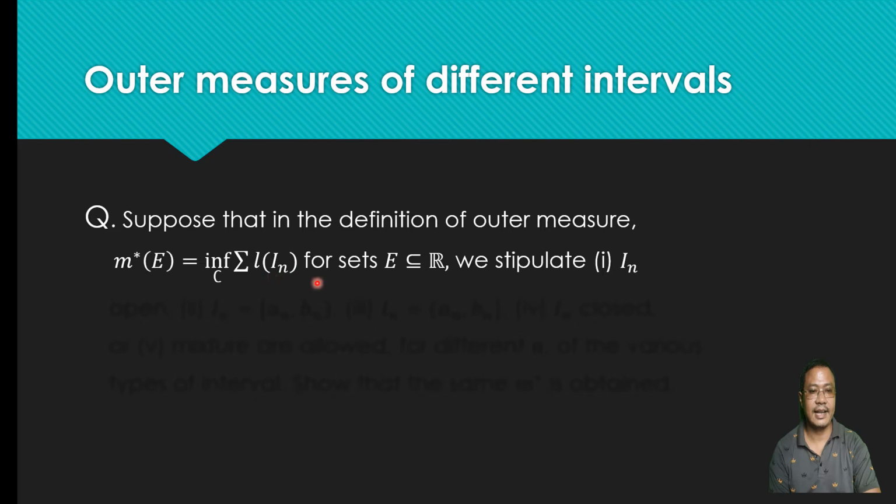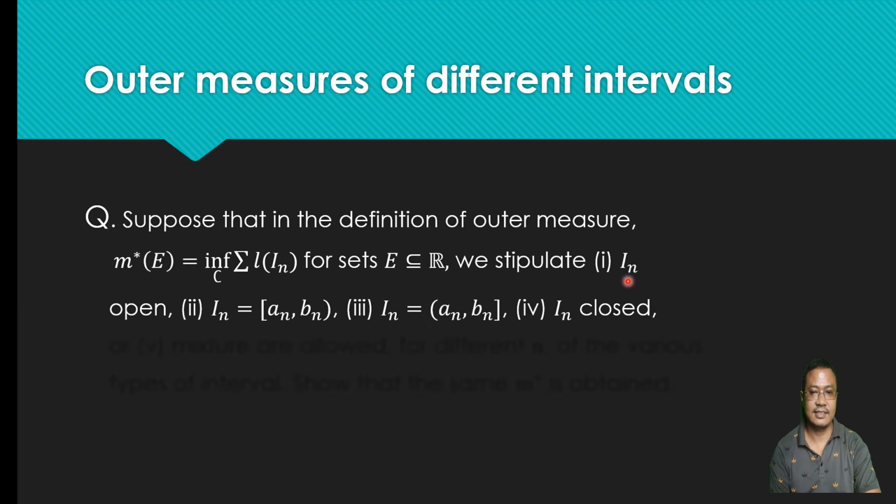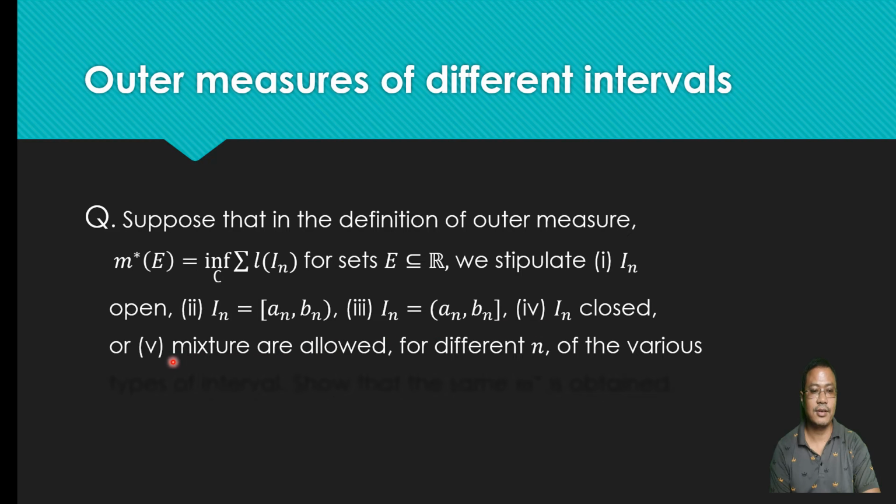Now we stipulate, number one, In to be an open interval, instead of closed on the left and open on the right, so In is (an, bn). Number two, the original definition. Number three, In is open on the left, closed on the right. Number four, In to be closed. Or number five, mixtures are allowed.